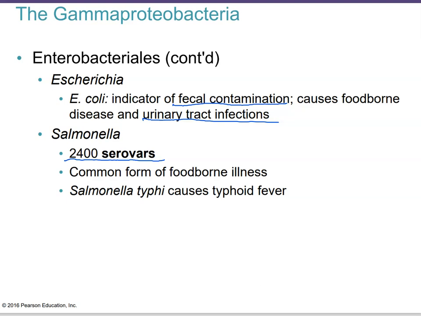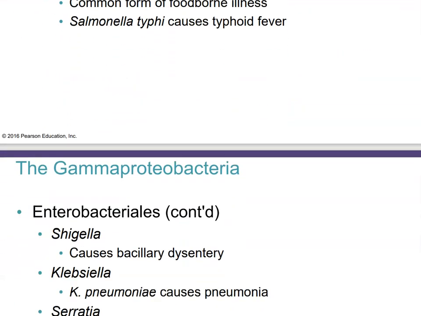There are two main types of Salmonella infections: Salmonella Typhi, which causes typhoid fever, and Salmonella enterica. But we will talk about these in much more detail in a pathogen group.